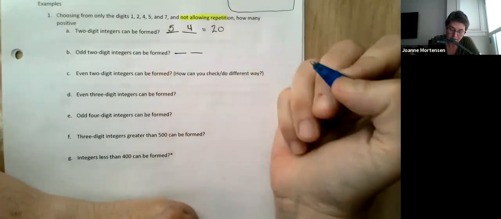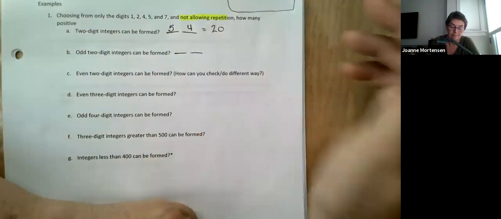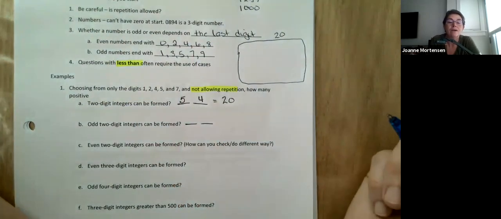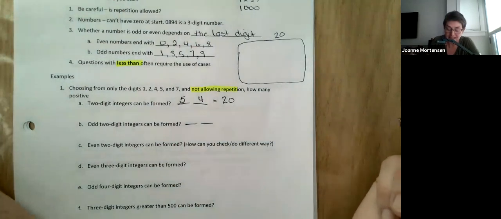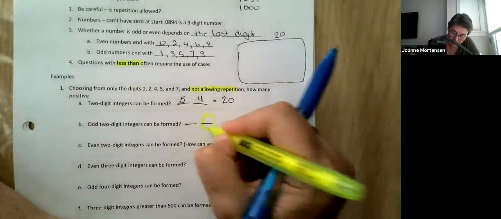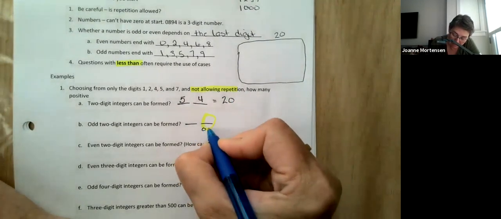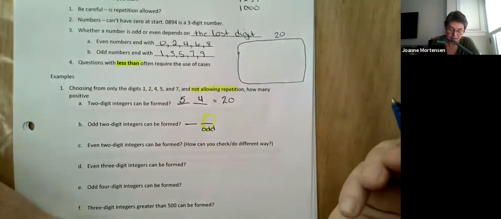Use what we said up here: whether a number is odd or even depends on the last digit. This is our restriction, so we need to fill this one in first. I'm just going to write odd there.